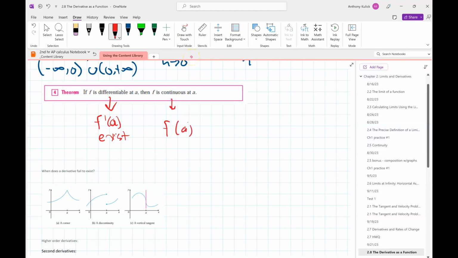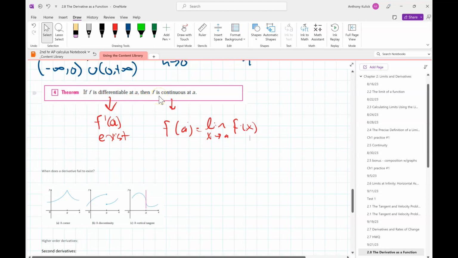And continuity says that, right? Yes, certainly.